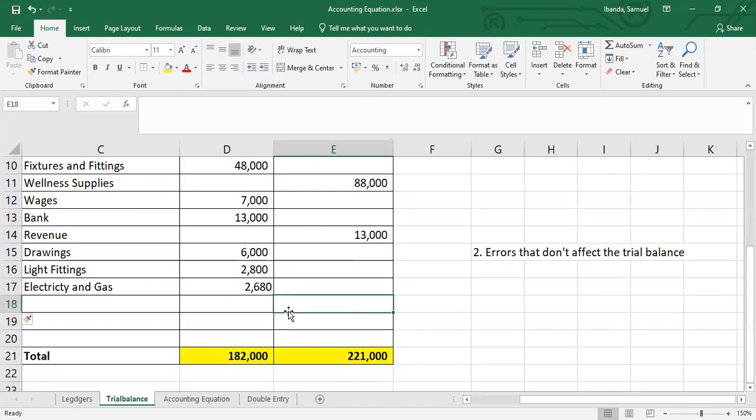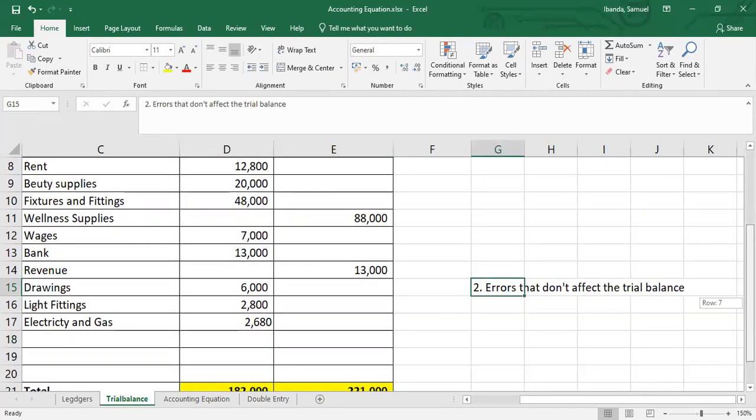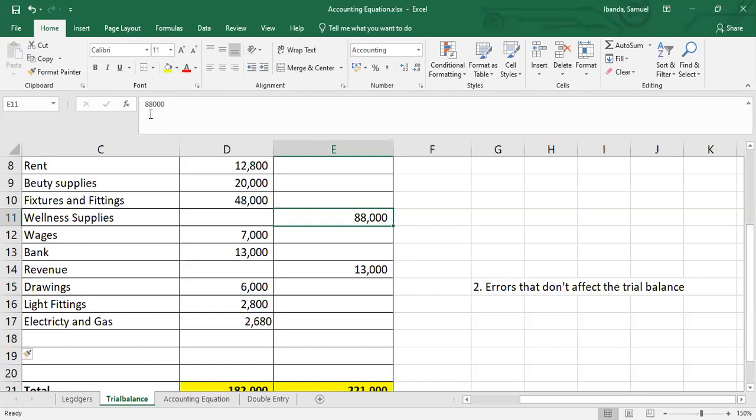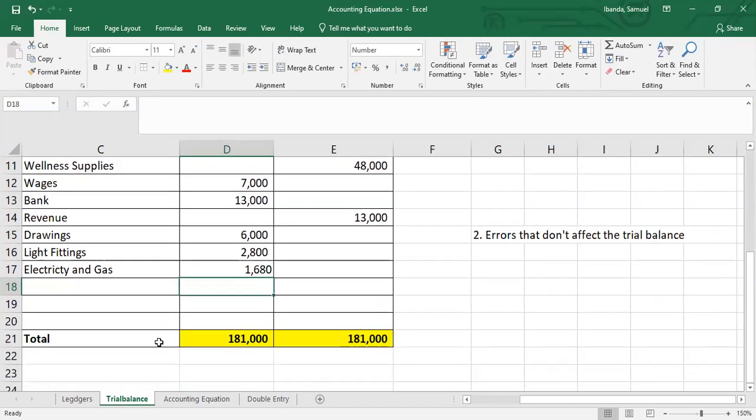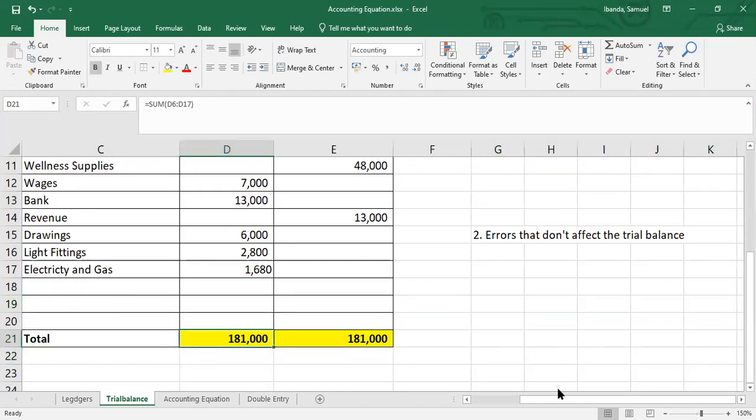Now, errors that don't affect the trial balance. Let me just try to put this back. So you can see here, our trial balance was balancing. The question would be, if our trial balance balances, is it a confirmation that we don't have any error?